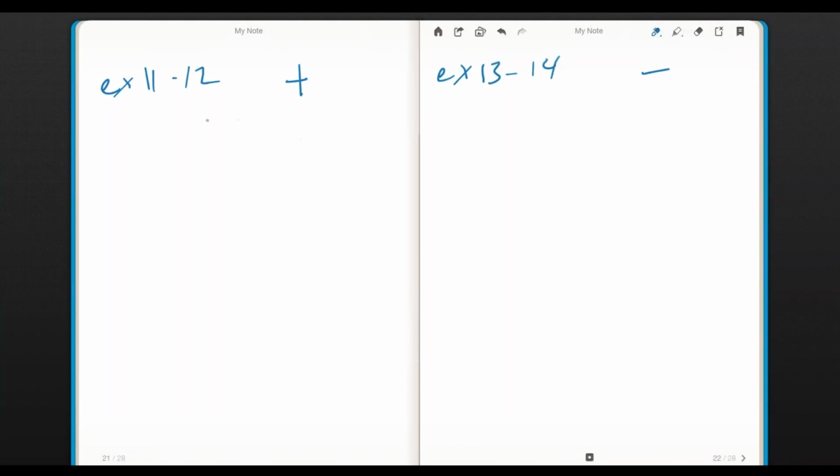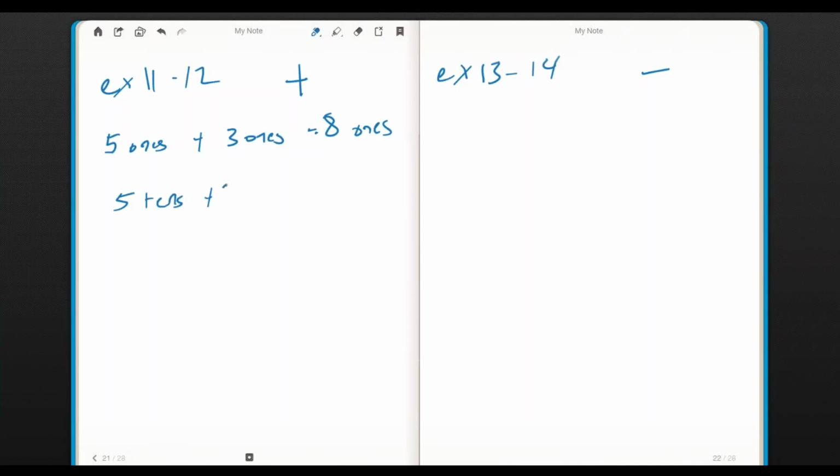The first thing we talk about is the fact that 5 ones and 3 ones equal 8 ones, and 5 tens and 3 tens are equal to 8 tens. And we even can realize that 5 hundreds and 3 hundreds equal 8 hundreds.